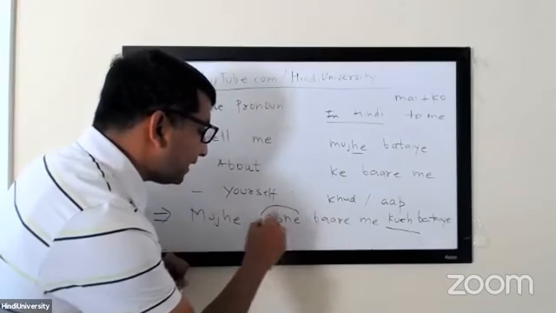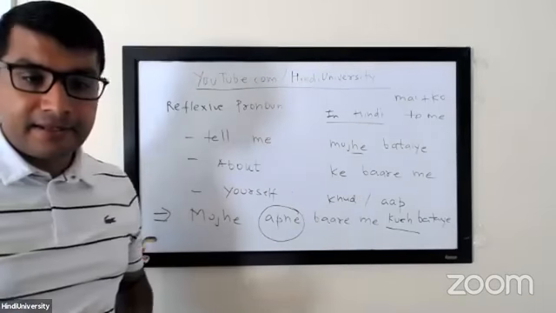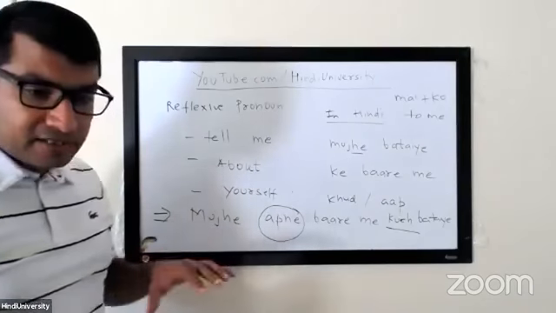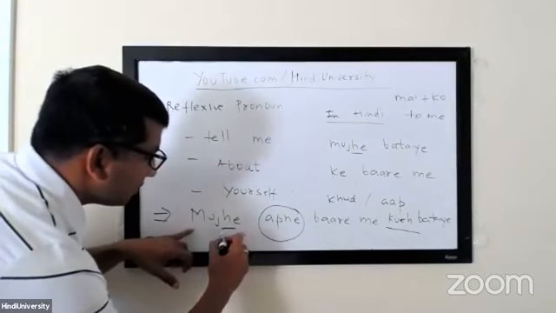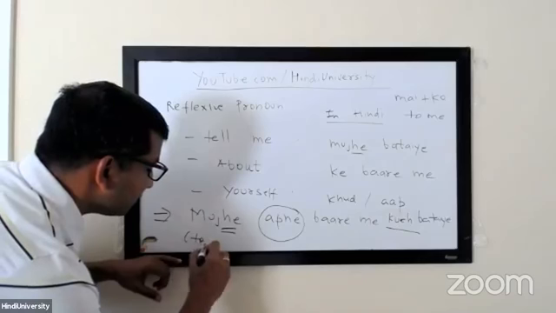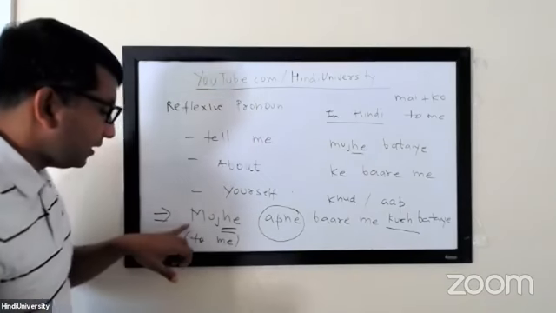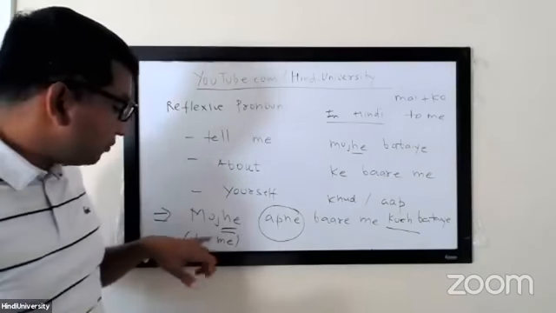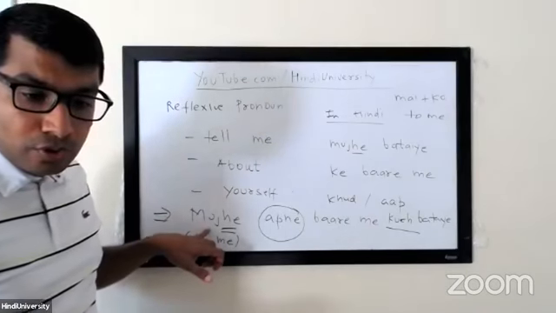This apne has ke embedded in it. So just like here, to me: how do you say "to me" in Hindi? It's main plus ko. It becomes mujhe or mujhko, right?